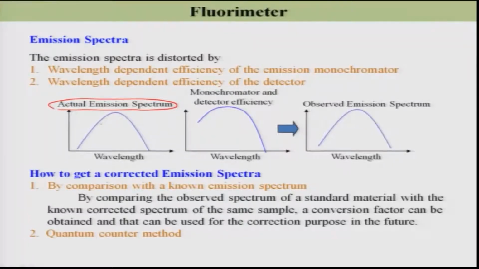So, your observed emission spectra will not be like this because of this factor. It will be something like this. It means that whatever you have observed is not correct. The observed spectra is not the correct one.